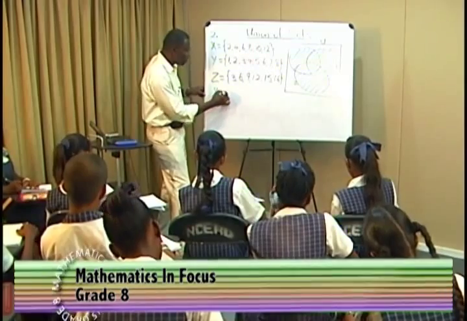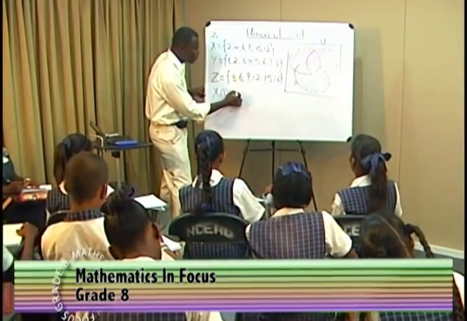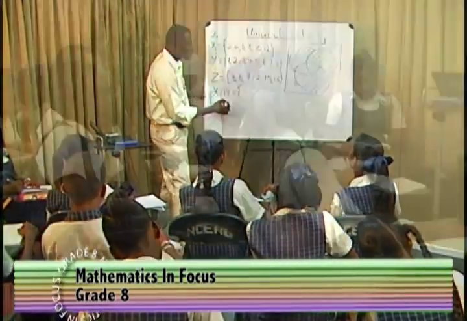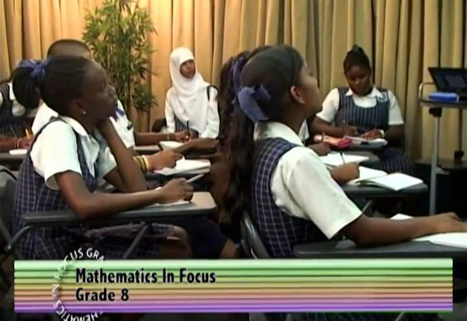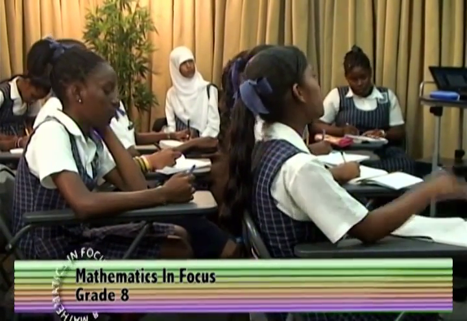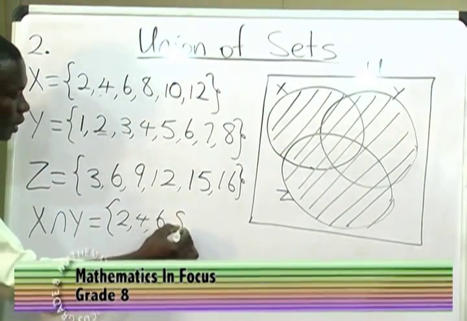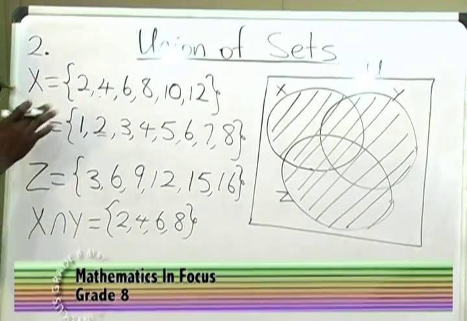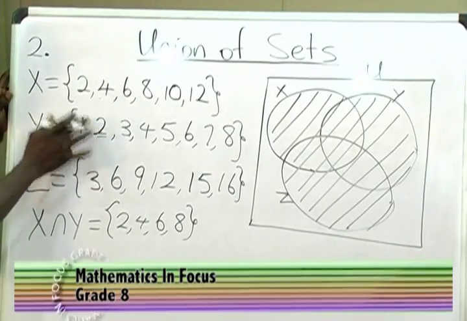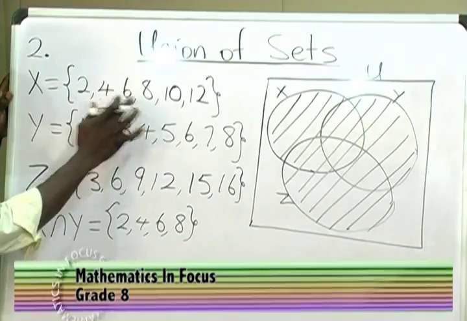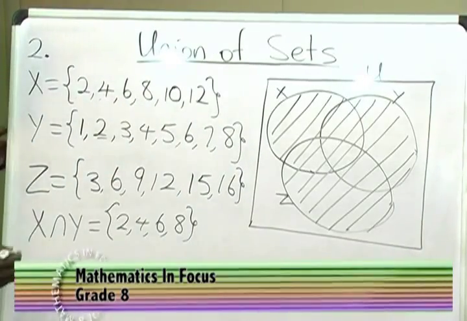For example, we start off with X intersect Y. What will this be equal to? 2, 4, 6, 8. Remember, X intersect Y refers to the elements that are in X and in Y. You see 2, 4, 6, and 8. Good.